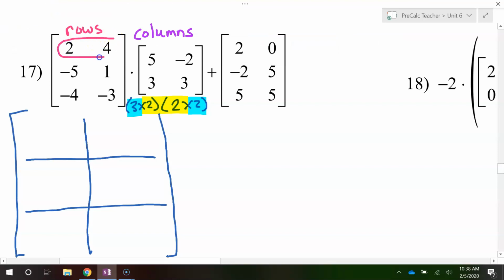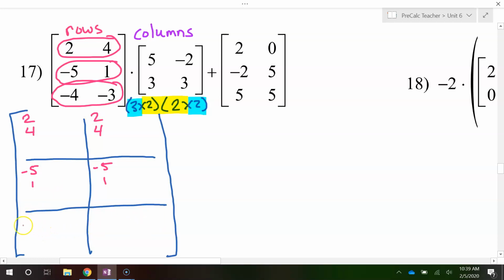So the first row goes across the first row. So I will have 2, 4, 2, 4. The second row goes across the second row. -5, 1, -5, 1. The third row goes across the third row. -4, -3. -4, -3.